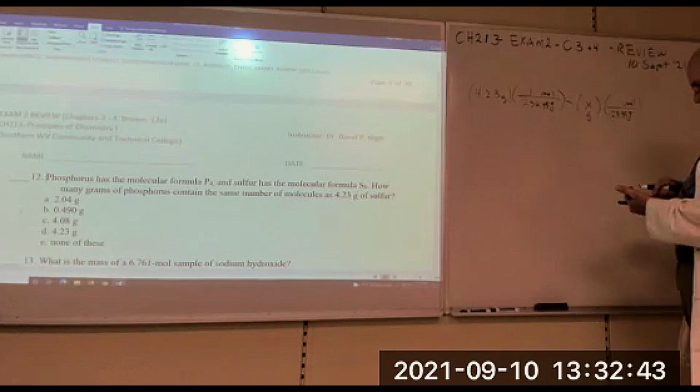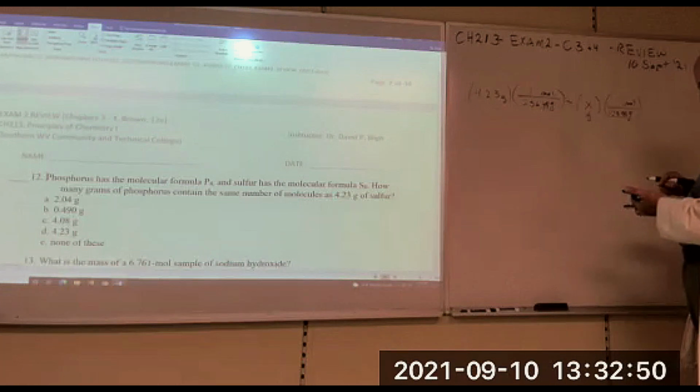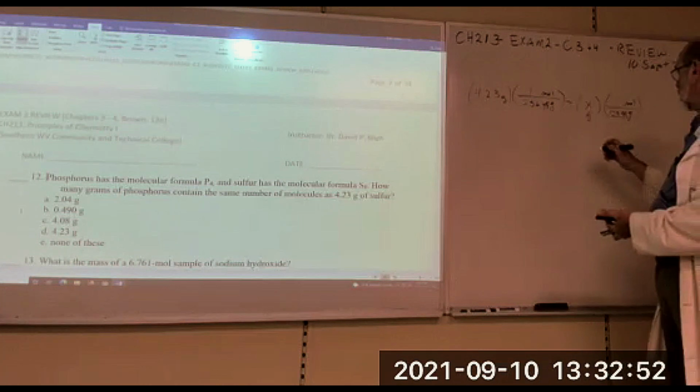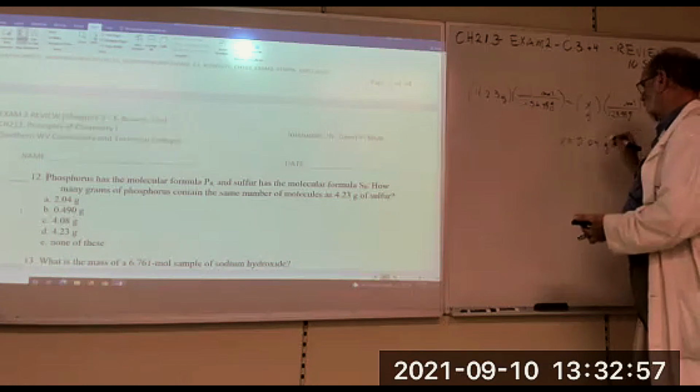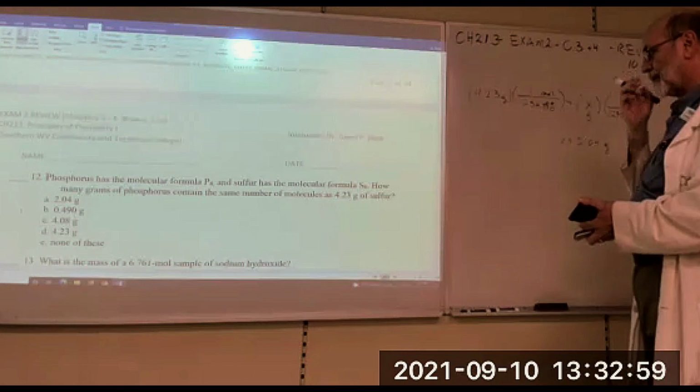You flip it and divide, and then times 4.23. So I get 2.04 grams. There it is.